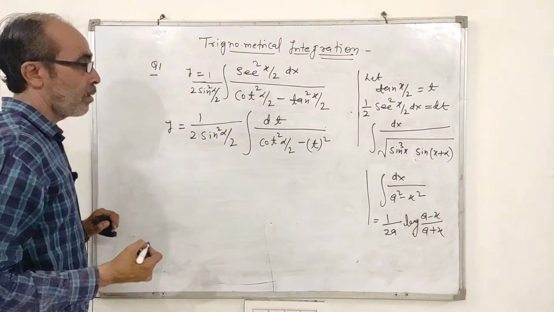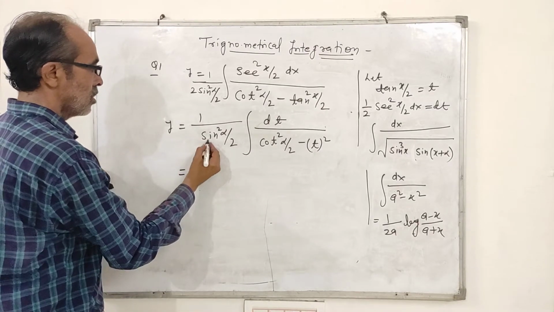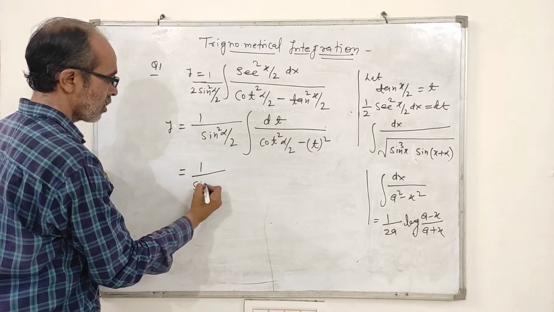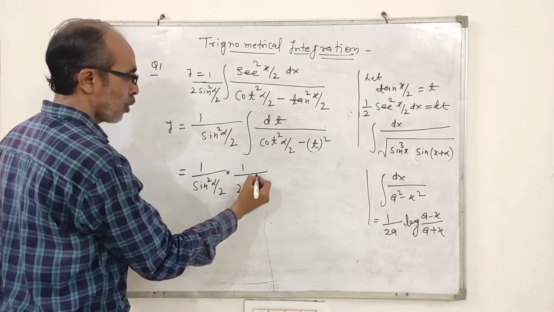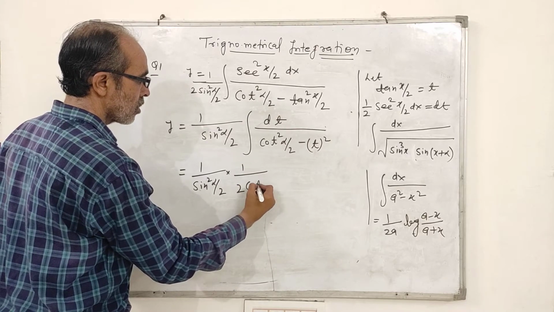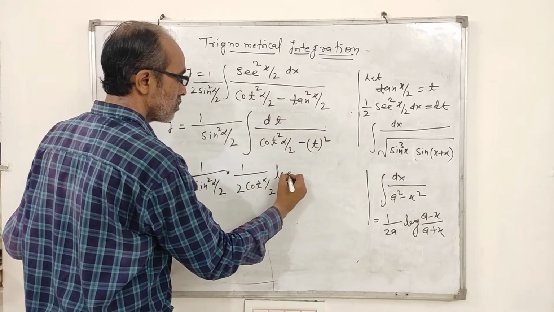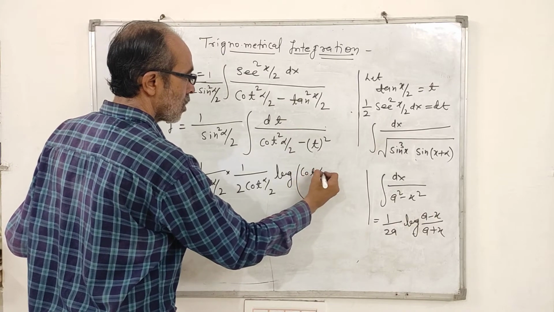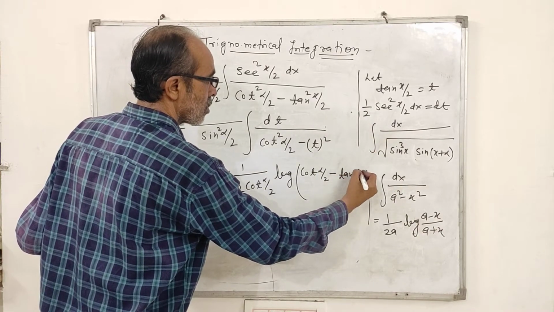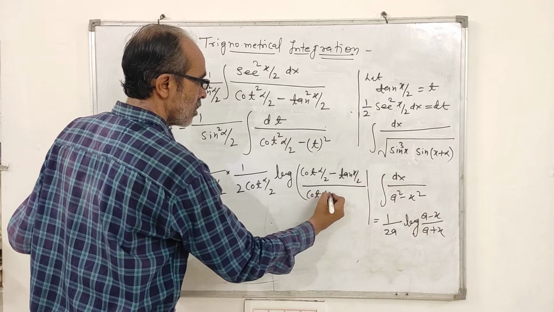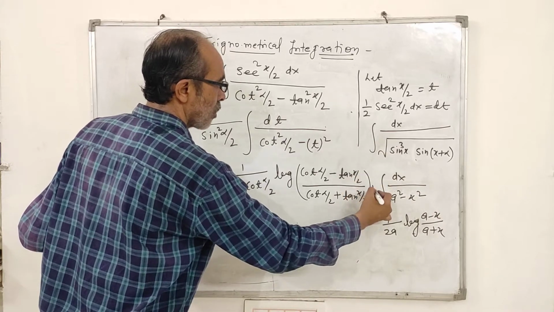So where a value is cot alpha by 2, and the integral is 1 upon sin square alpha by 2, multiplied by 1 upon 2 times a, where a value is cot alpha by 2, and log of cot alpha by 2 minus t, where the value of t is tan x by 2, divided by cot alpha by 2 plus tan x by 2, and the constant is c.